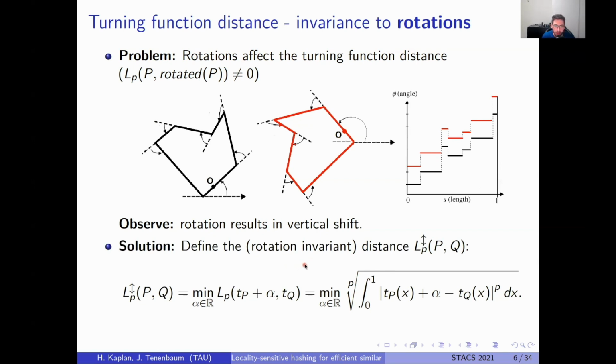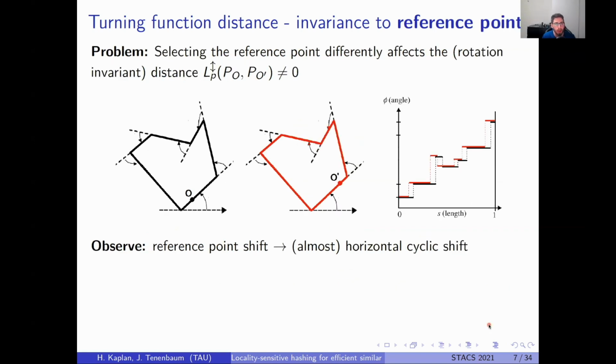Specifically, we define the rotation invariant distance L_p up-down arrow between P and Q to be the minimum over all vertical shifts alpha of the L_p distance between the turning function of P plus alpha to the turning function of Q. This gives us the argument to the right. Now, to eliminate the dependence on the reference point, we notice that selecting the reference point differently, roughly, results in a horizontal cyclic shift.